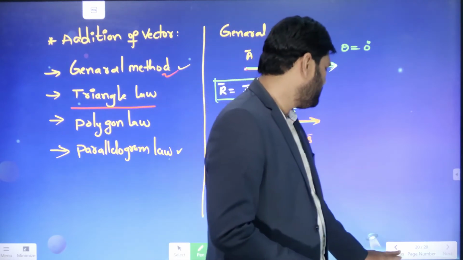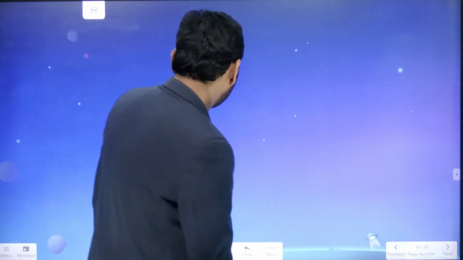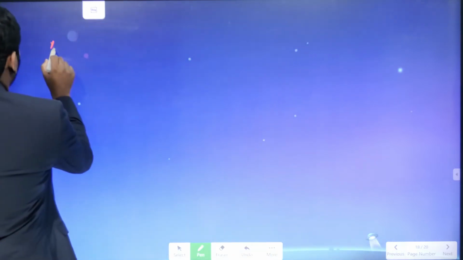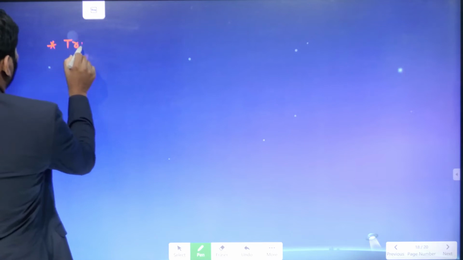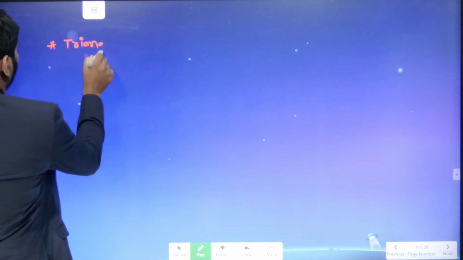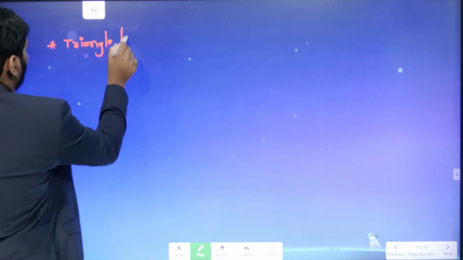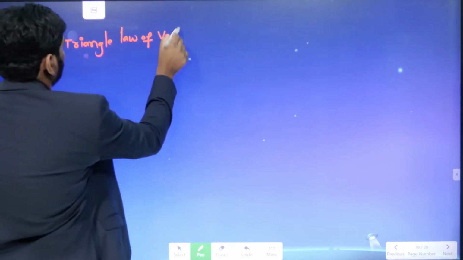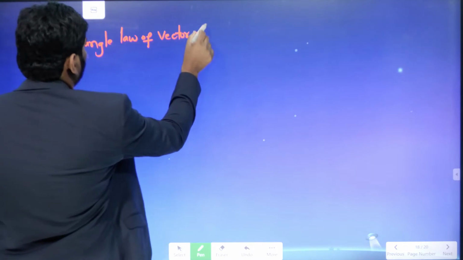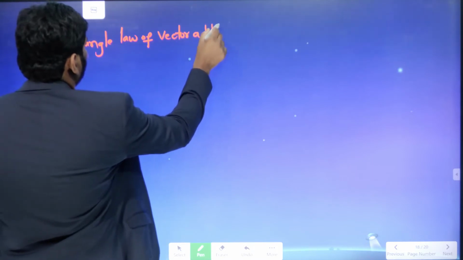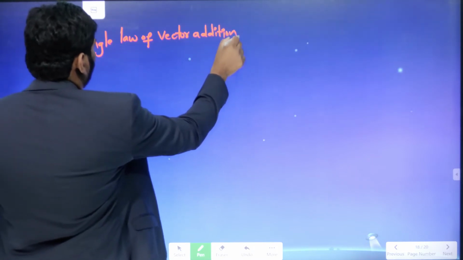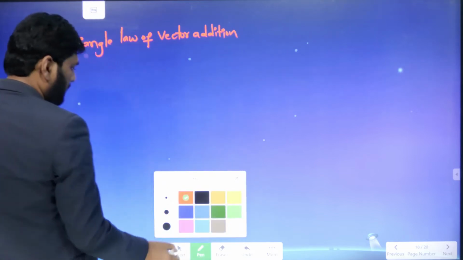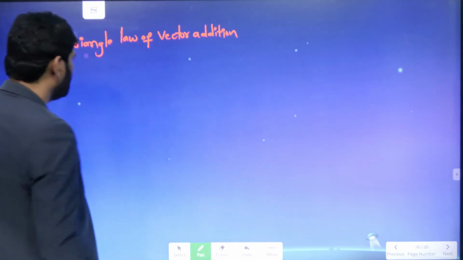So now let's go for the triangle law of vector addition. Very, very important. So look at the statement.